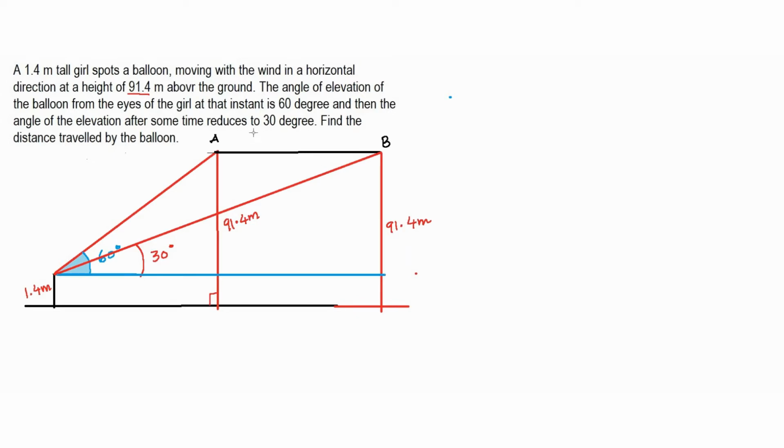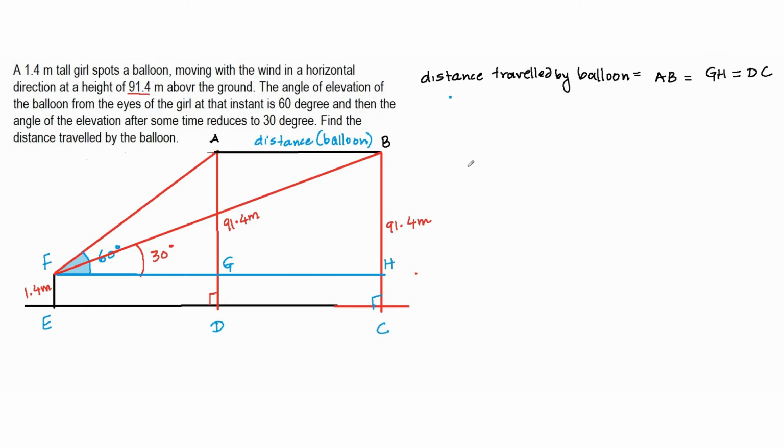The distance traveled by the balloon is basically AB. Since I have drawn perpendiculars to the ground, I can consider this point to be C, this is D, this is E, and let us consider this point as F, G, and H. So now you will observe that the distance traveled by the balloon is equal to AB, or it is also equal to GH, or it is also equal to DC, because these are rectangles.